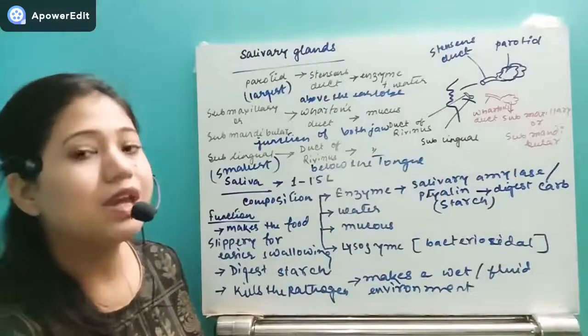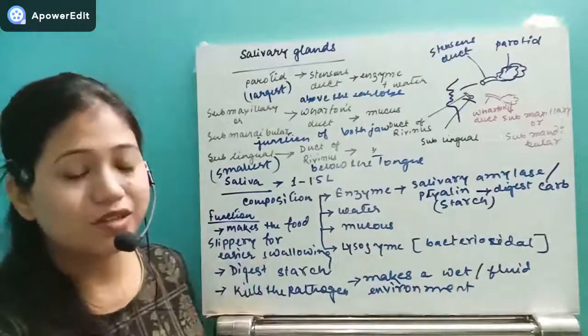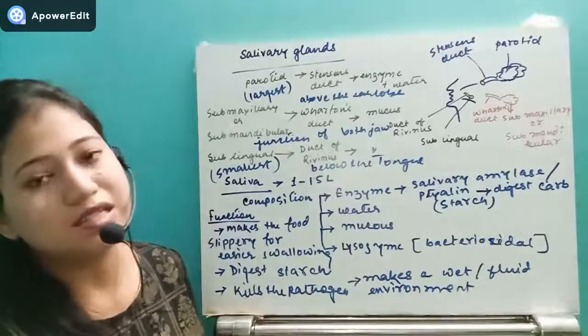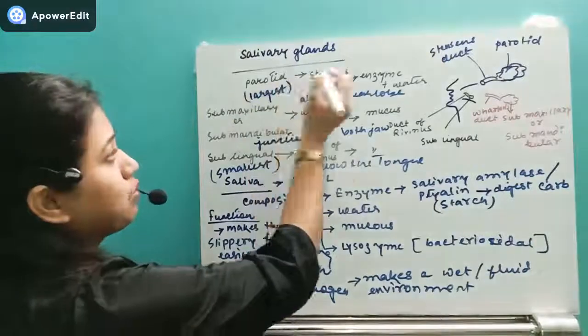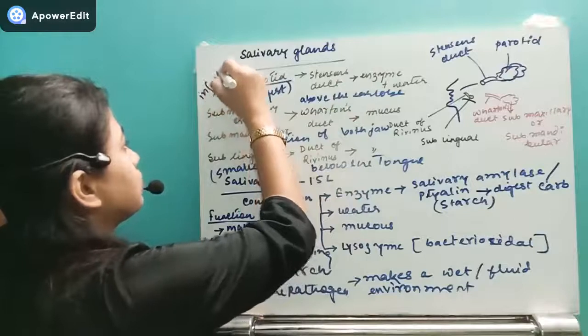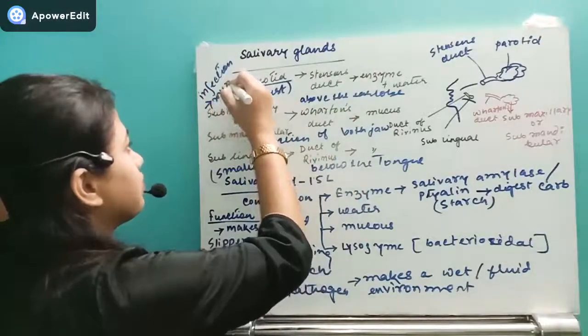Remember one thing, if the parotid gland is infected with a virus, it can have one disease. That disease is the mumps. The infection of the parotid is called mumps.